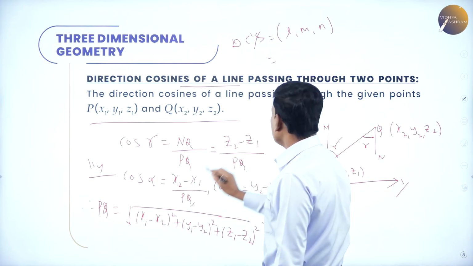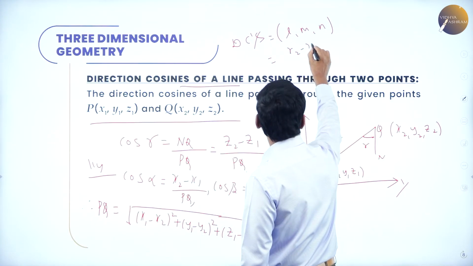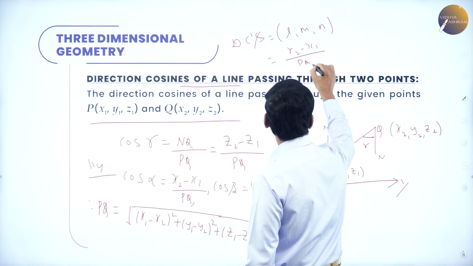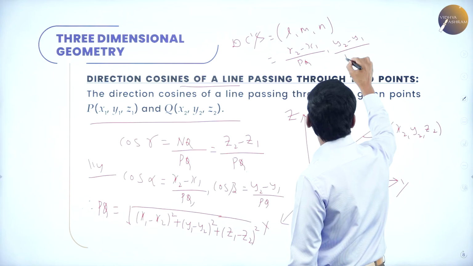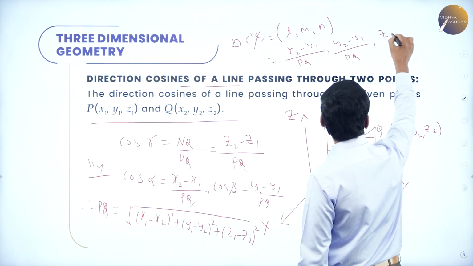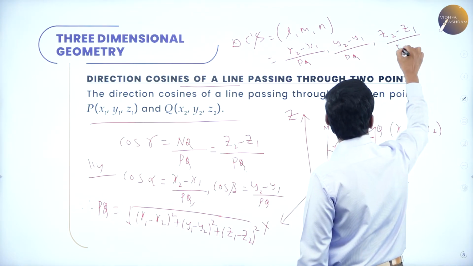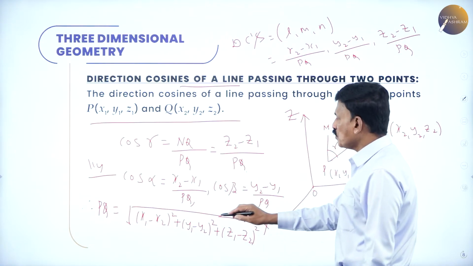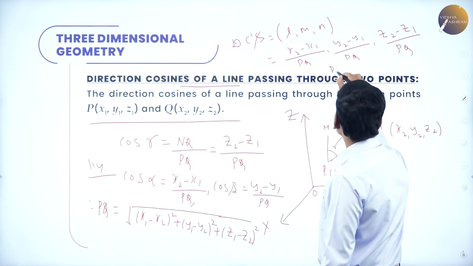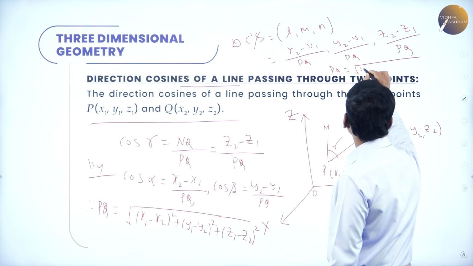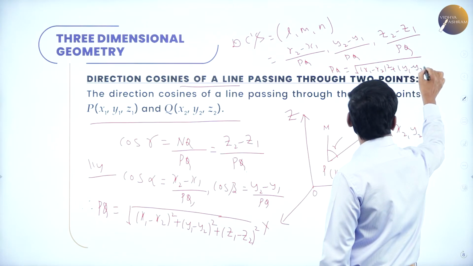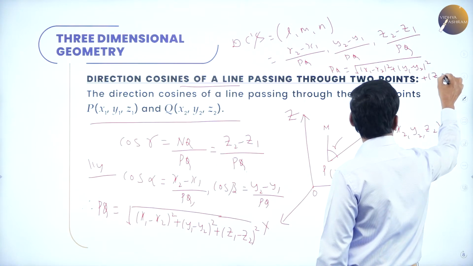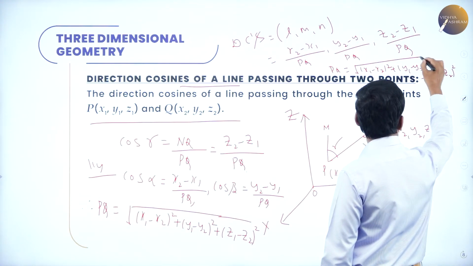Cos alpha is x2 minus x1 divided by PQ, comma, y2 minus y1 divided by PQ, comma, z2 minus z1 divided by PQ, where PQ is the distance between the points, root of x1 minus x2 whole square plus y1 minus y2 whole square plus z1 minus z2 whole square.